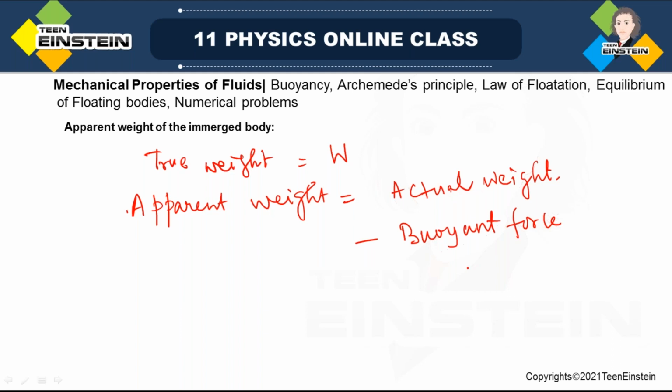Buoyant force. Okay, this is the thing. So what is the actual force? Actual force we have seen, suppose W. What is the buoyant force? That is the weight of the displaced liquid, or upward thrust.